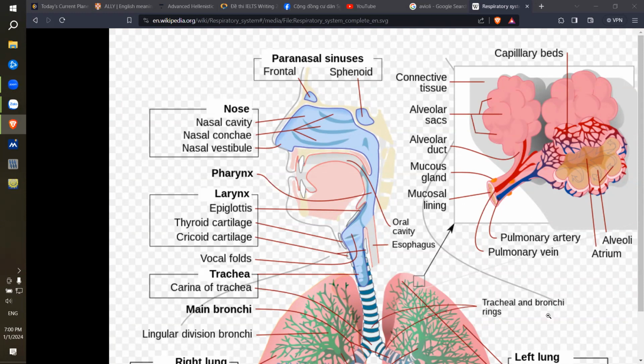There are some respiratory diseases that I want to discuss. Now I'm going to talk about some respiratory diseases. For the nose and the sinuses, there is sinusitis.